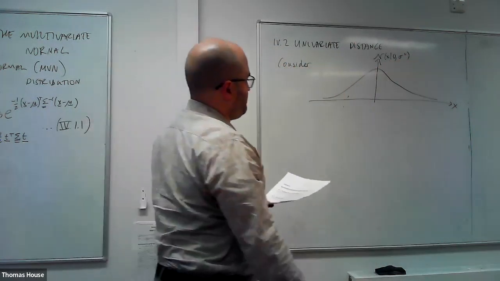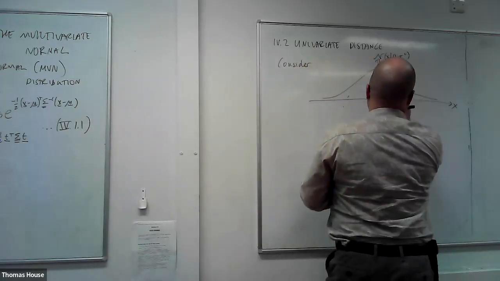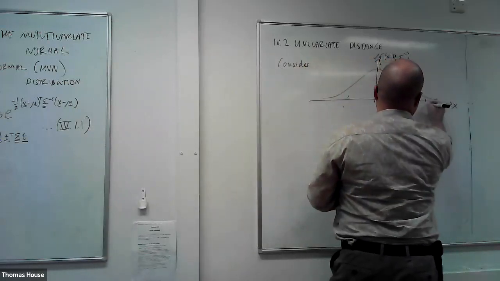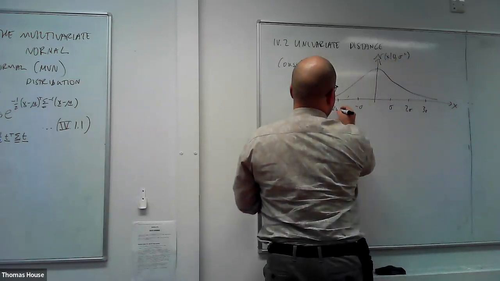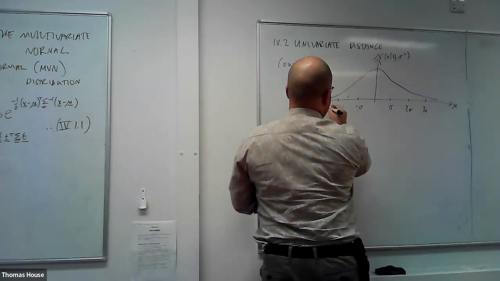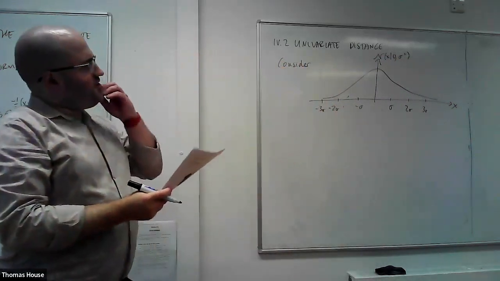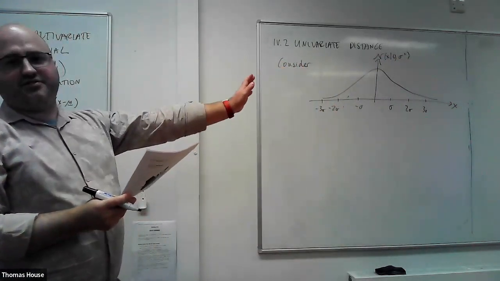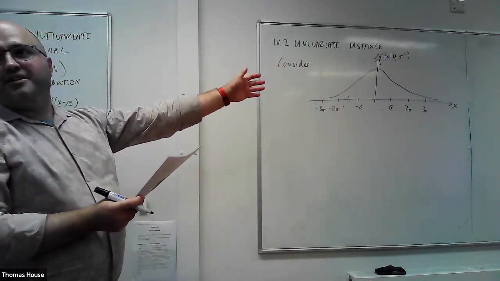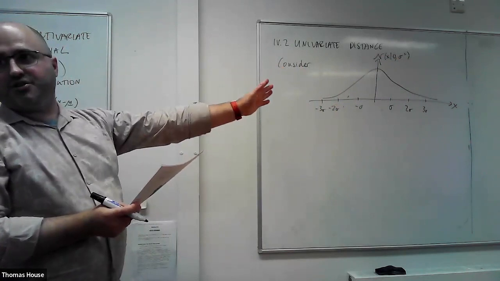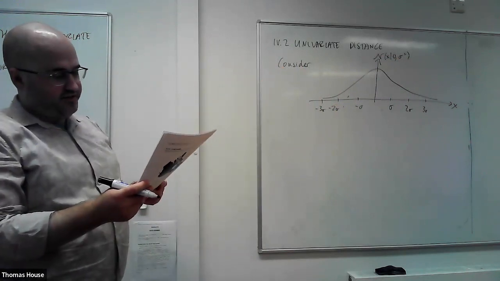And so what you'll probably remember is that you have a certain percentage of the normal observations within 1 standard deviation, within 2 standard deviations, and so on and so on.